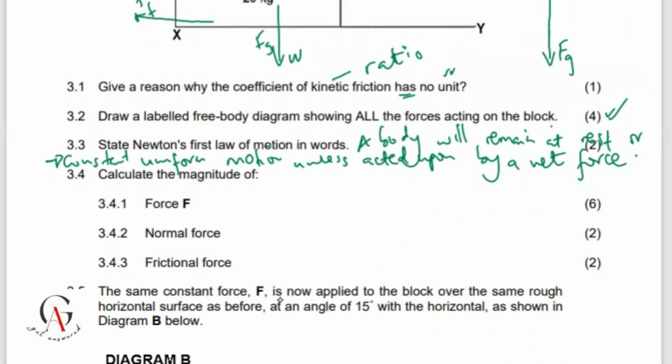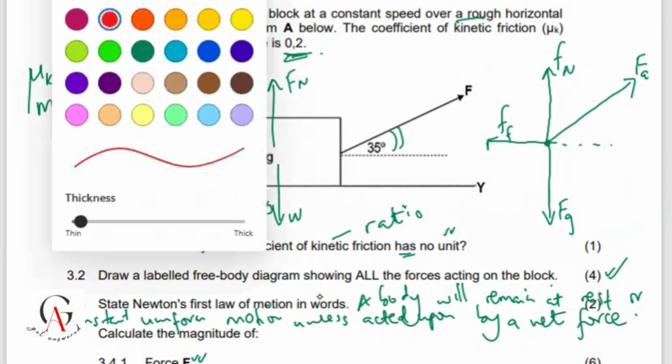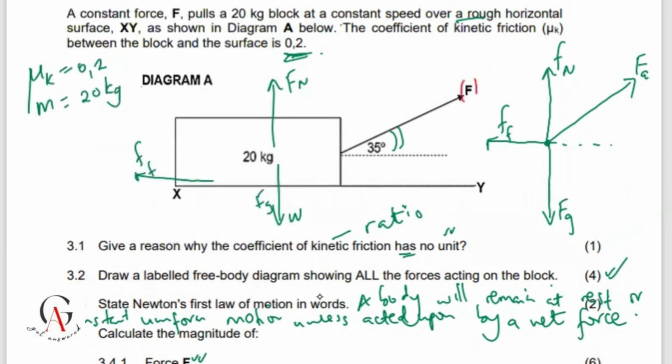3.4. They want us to calculate the magnitude of F, for 6 marks. What we can see here is a whole lot of combination of forces. But before we even attempt the question, we need to know that this F is at an angle of 35, which means it has two components: the horizontal component and the vertical component, so we have to resolve this into two.